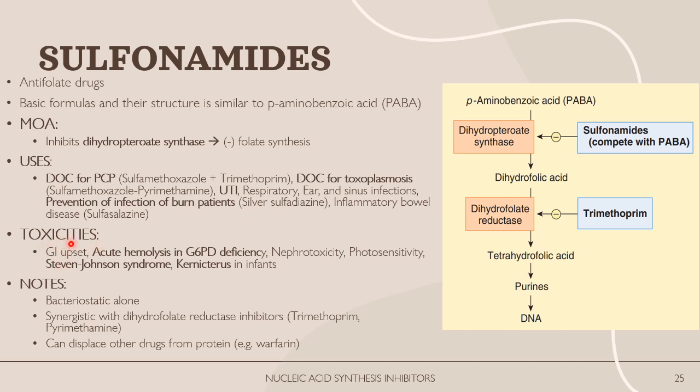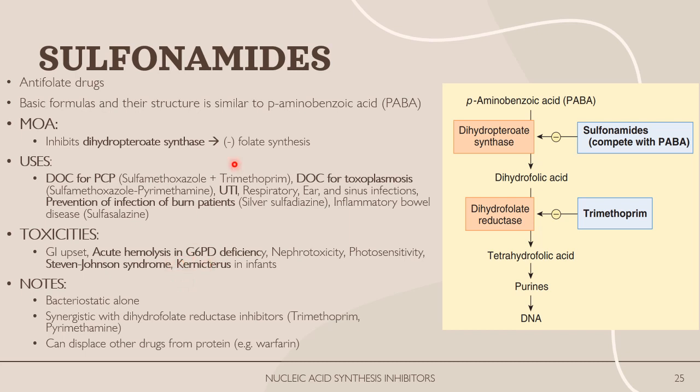Next, let's discuss the toxicities of your sulfonamides. Okay, your sulfonamides can cause diarrhea, gastrointestinal pain, abdominal pain, and they are famous for causing acute hemolysis in G6PD patients. No?